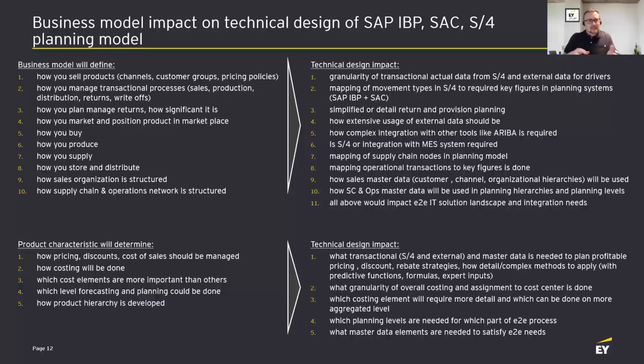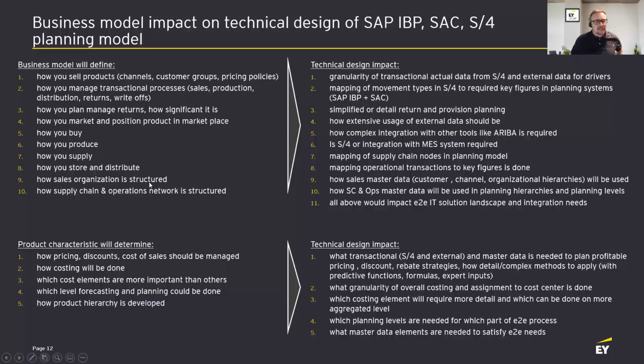This is critical because at the end, later in the corresponding technical design book, you might need to really connect this specific business model element to the configuration in the tool, and then as well map these processes, because the data has to flow from the transactional and operational systems to the planning tools.